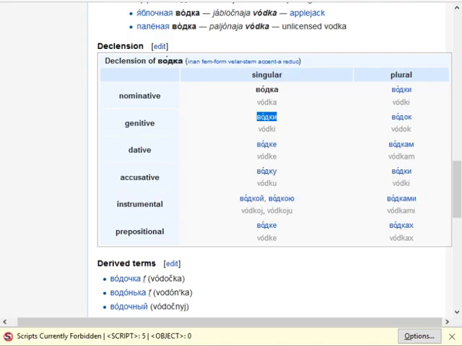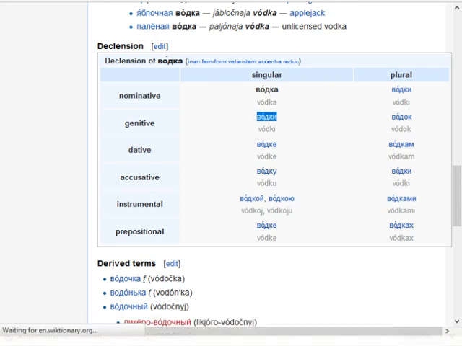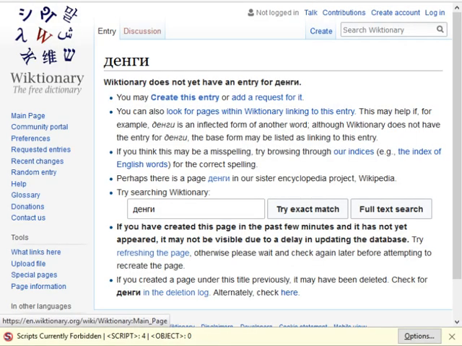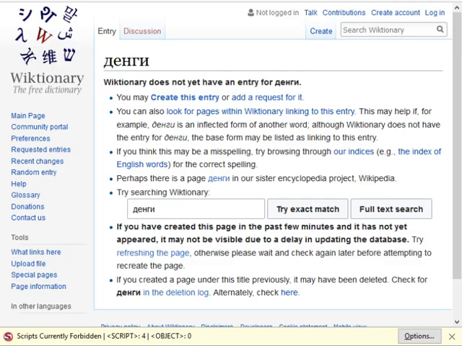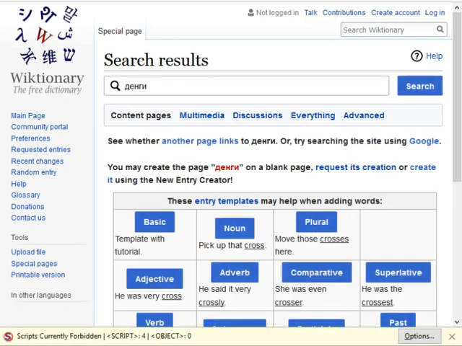So let's actually, since I don't trust the table that the site has given us at this point, go ahead and come here into Wiktionary and put деньги into the search here. I must have typed it in wrong.